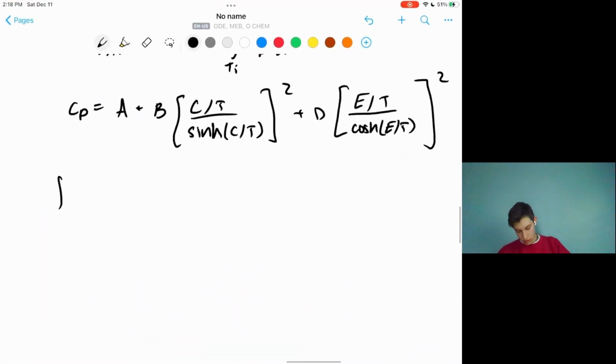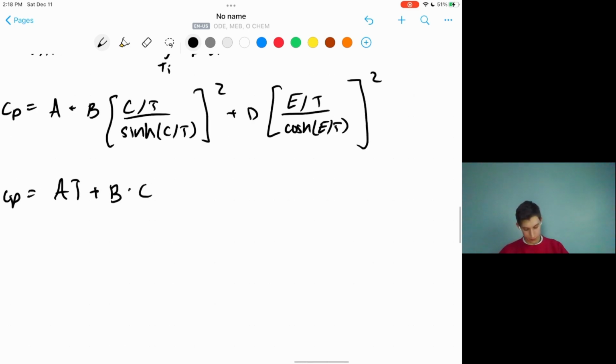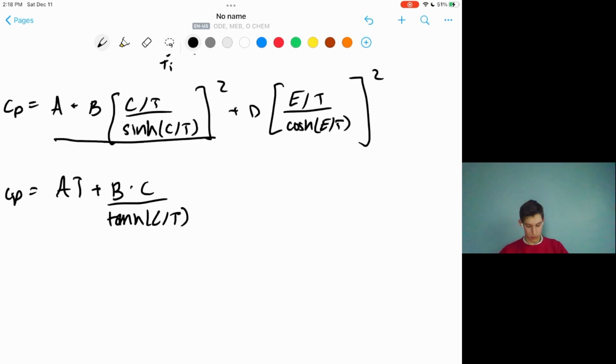So when we integrate, we have the constant a times the temperature plus b times c divided by the hyperbolic tangent of c over t. So this is this part of the equation.